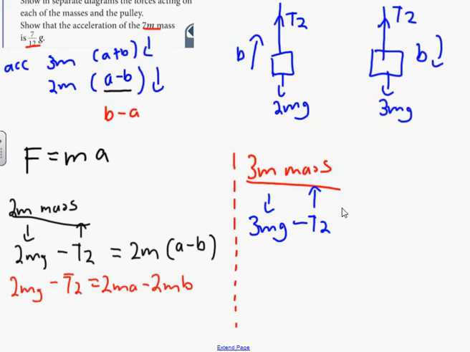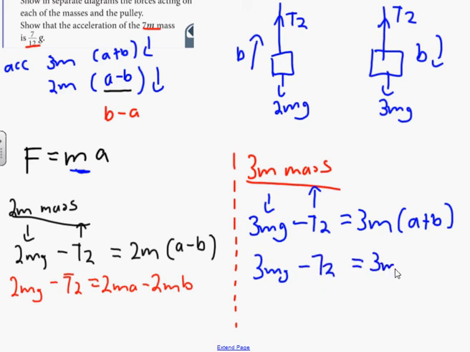And then 3m is the mass of the object, and then we have to figure out its acceleration being A plus B. And then we're going to get 3 mg minus T2 equals 3 ma plus 3 mb. Alright? So that's the second equation.